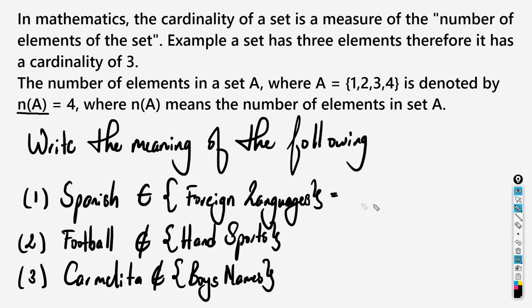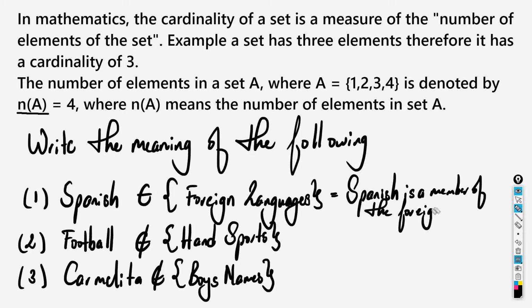If we were to write the meaning, Spanish is a member of the foreign languages, and it is to us because English is our first language.